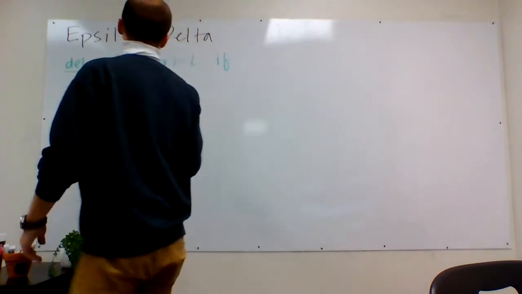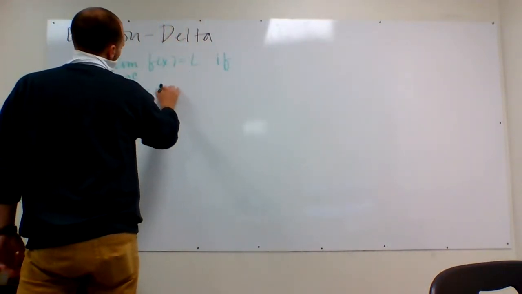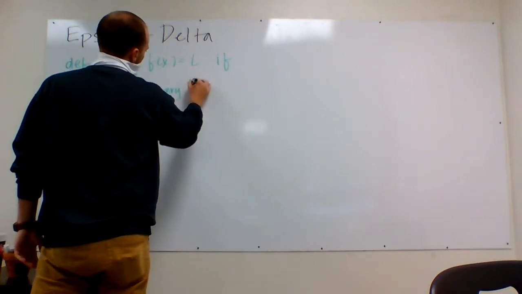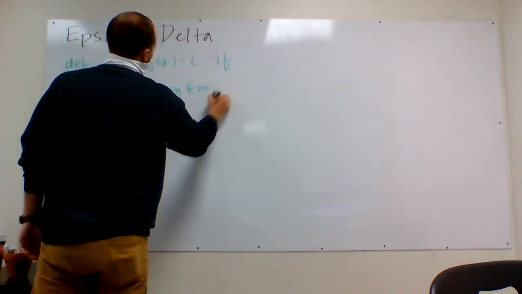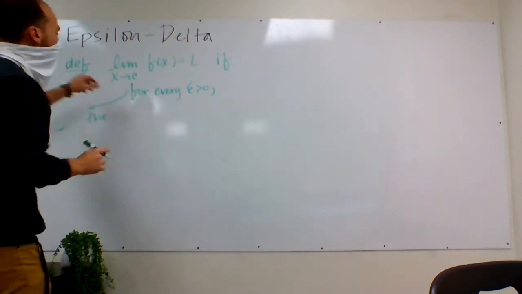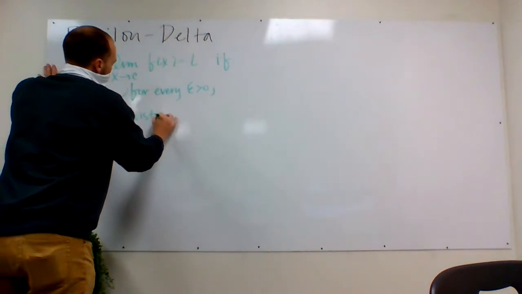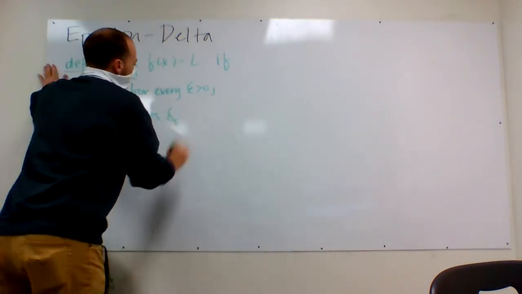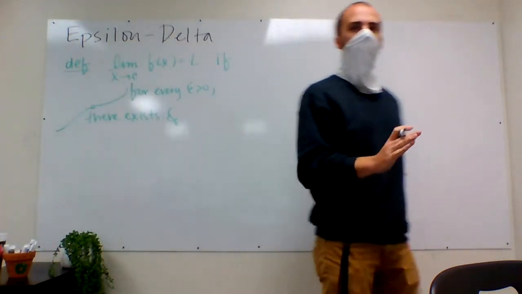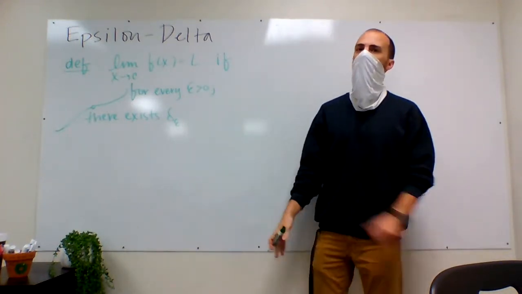Now how we're going to formalize that is if for every epsilon greater than 0, there exists a delta which depends on epsilon. I like to put a little subscript for epsilon, just to remind you that it depends on epsilon, when you go through to actually compute these.